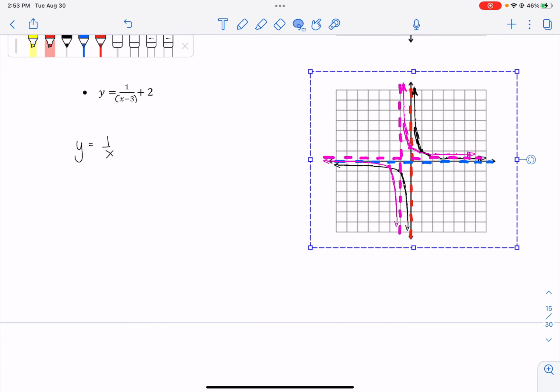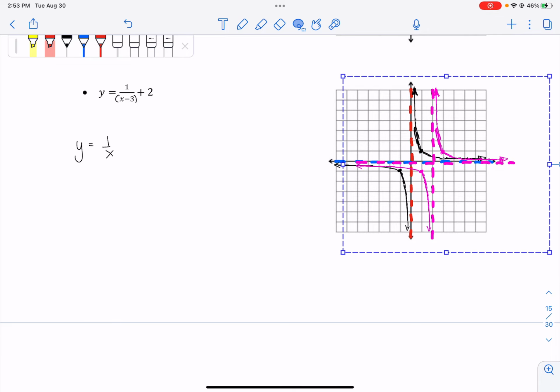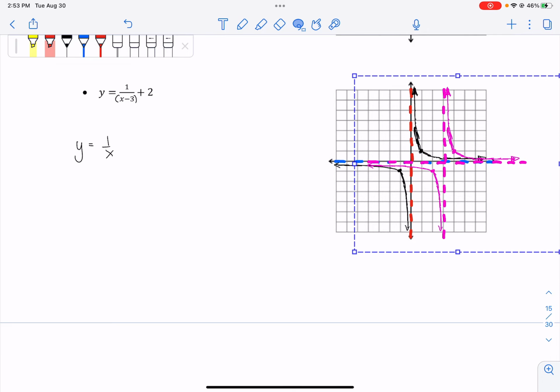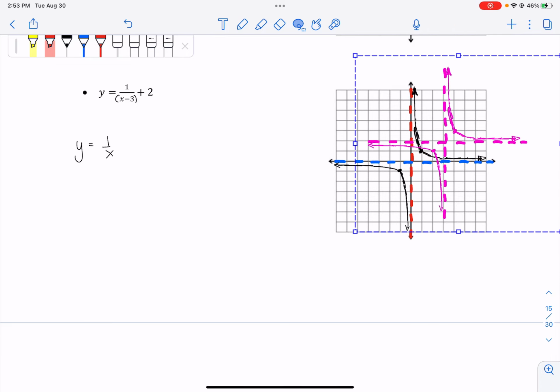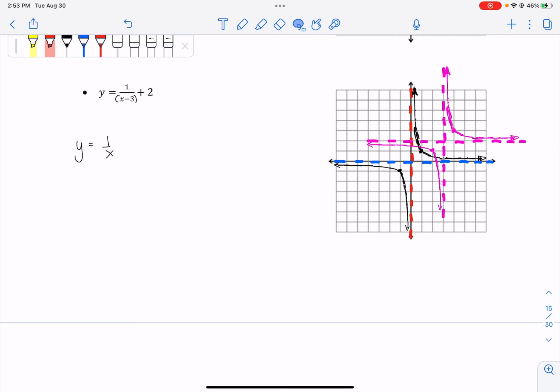So we move 3 to the right, so 1, 2, 3, and 2 up, 1, 2. And there you go. That is our new function. So this covers the idea of translations, moving up, down, left, and right.